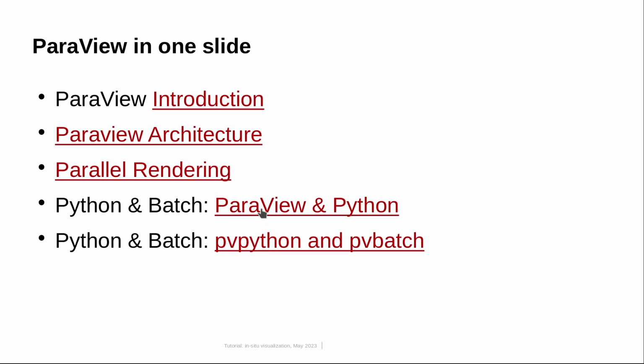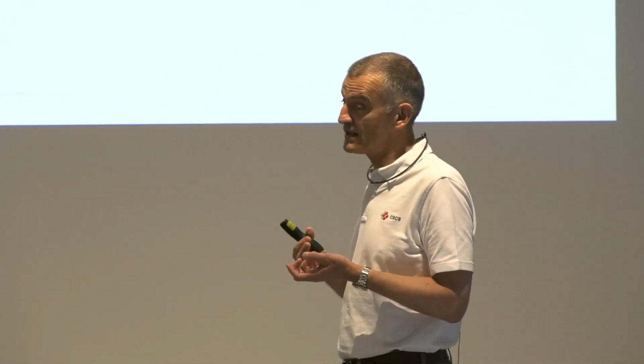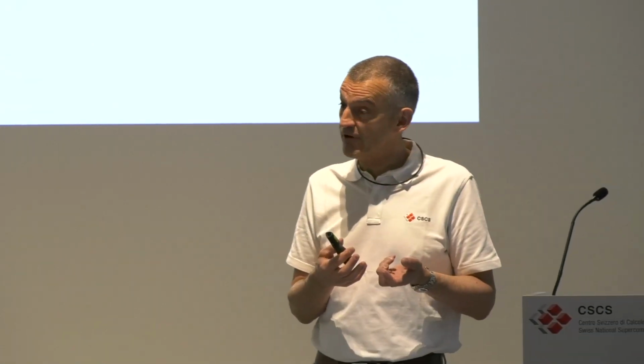In a few words, ParaView is an interactive application, first of all. So you load your data, and then you spend time trying different algorithms, different parameters, different views, etc. And then you want to save not only an image, but you want to actually save the program that makes that image.